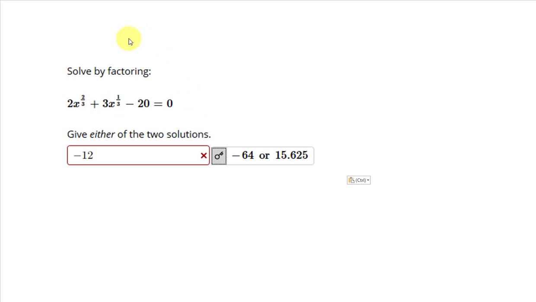The first thing is I have to rewrite the equation. I see that 2/3, I can rewrite as 1/3 and then put the 2 outside, because when I multiply back, I get 2/3. And the other one, I already have x to the 1/3.